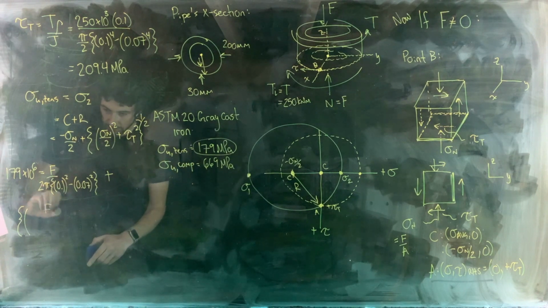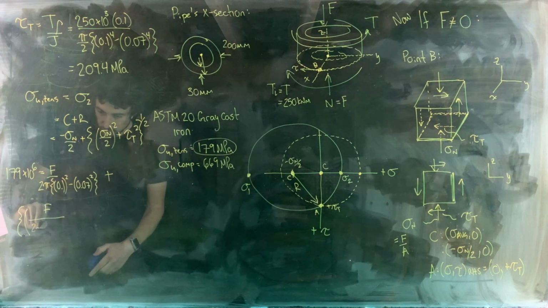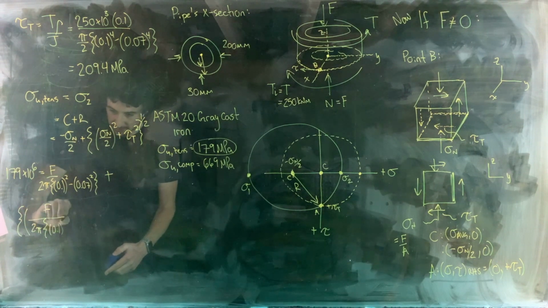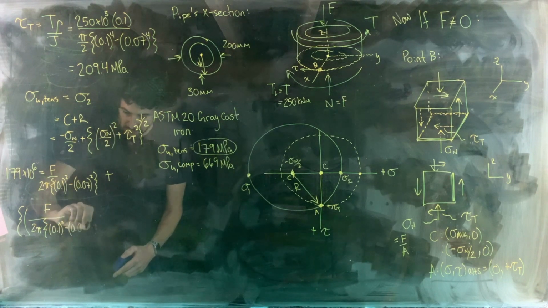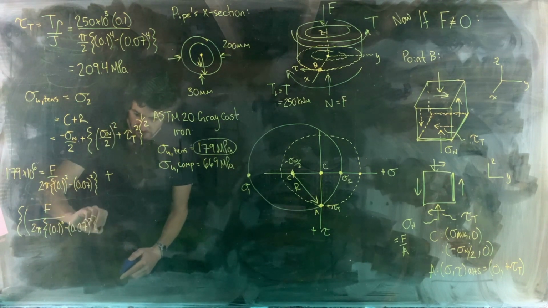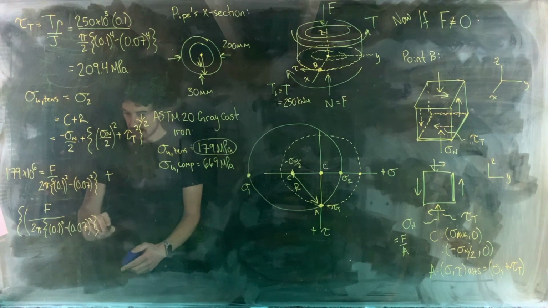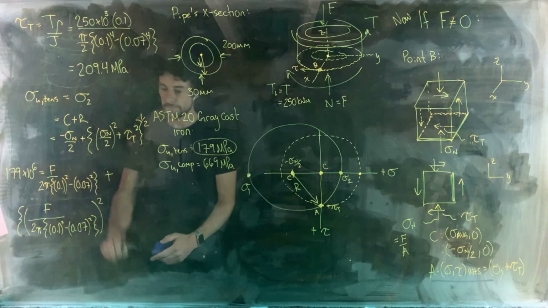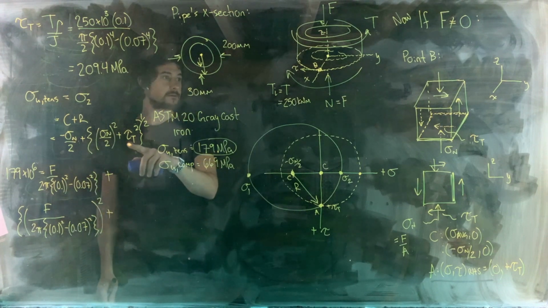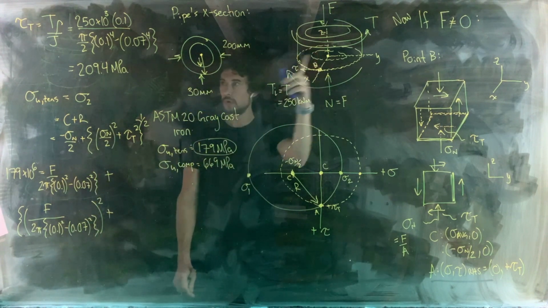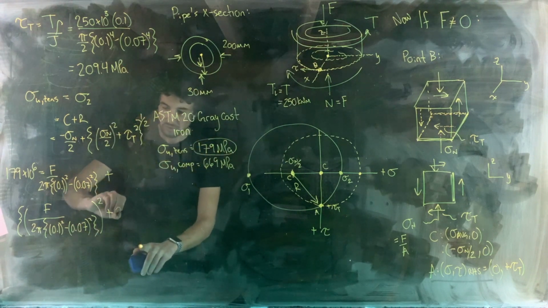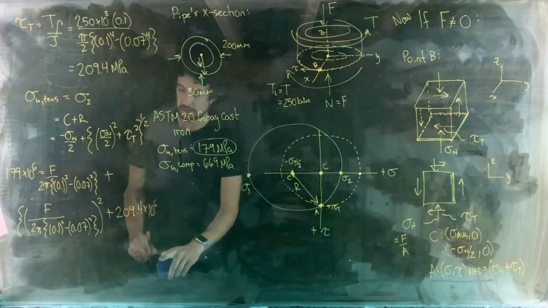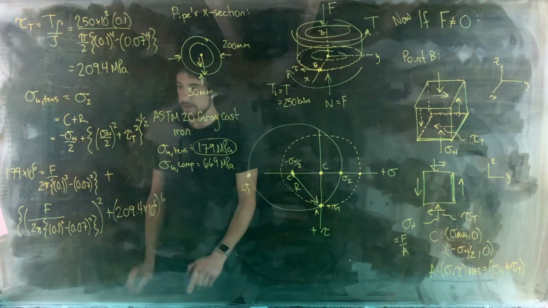So we've got F over 2 pi and then 0.1 squared minus 0.07 squared, curly bracket, and then another bracket, square that, perfect, plus our value of tau t, which was right here, 209.4 times 10 to the 6, and we want to square that.